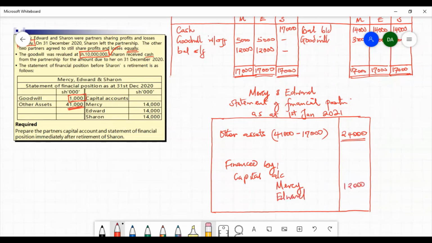That is a balance carried down. The balance carried down after retirement of Sharon is 12 million for Mercy and 12 million for Edward. The total is 24 million, just like the total value of the assets.